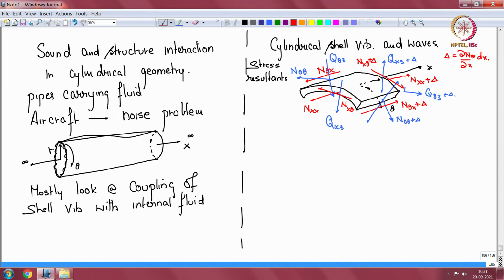Now in terms of these stress resultants, we can write the shell equations for a harmonic response.